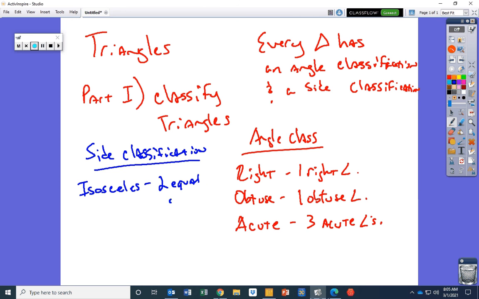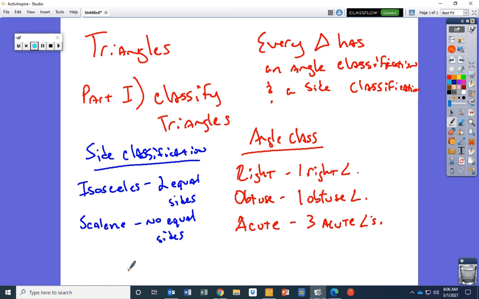Two equal sides. What if a triangle has no equal sides? What is that? Noah? Scalene. Scalene means no equal sides.